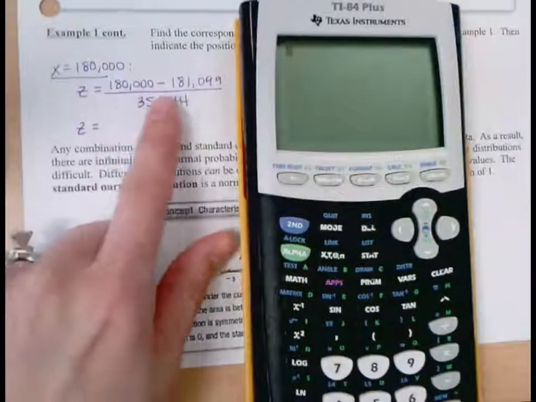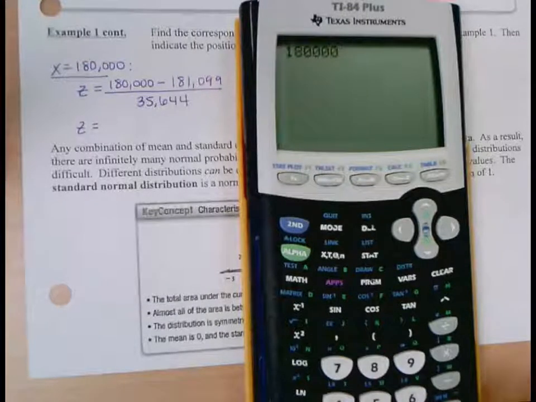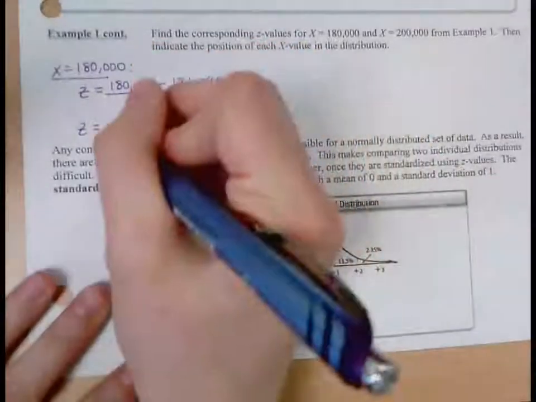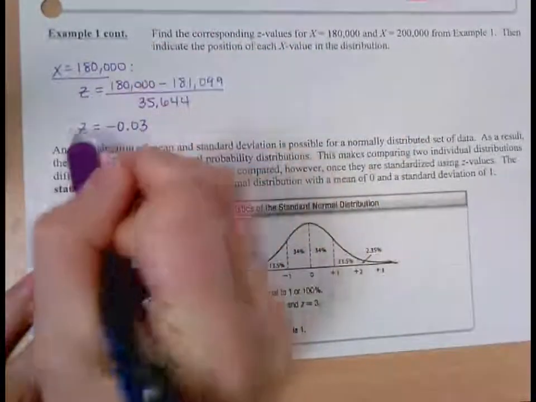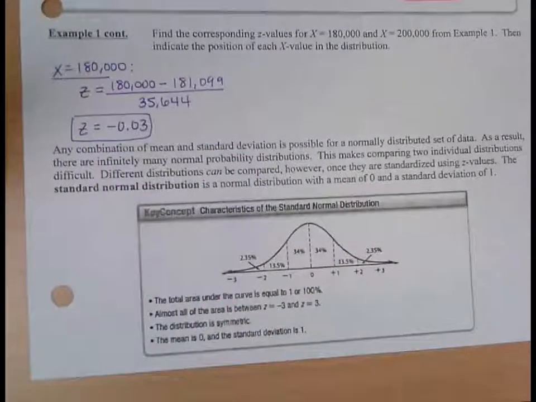Just make sure when you type this into a calculator that once you subtract the values in the numerator, you hit enter before you divide by the 35,644. And I'm going to tell you to round your z-values to at least 2 decimal places. So I would say this z-value is -0.03. That is the corresponding z-value for the x value 180,000.